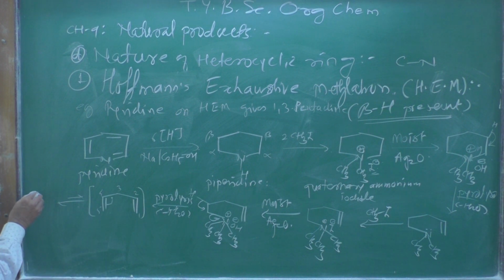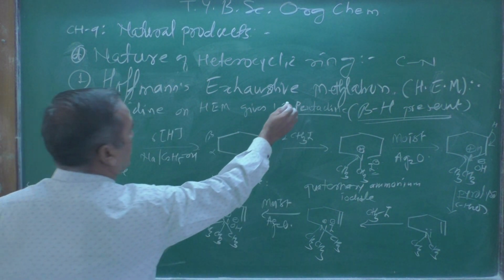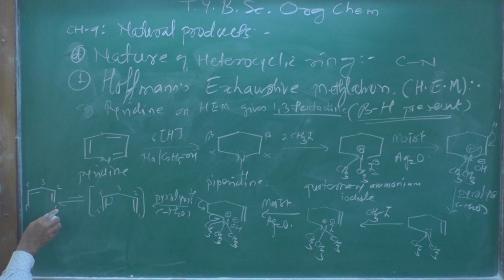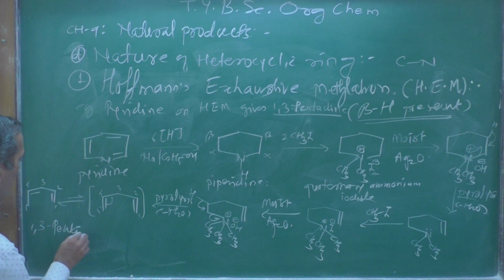That is, conjugation takes place, and now if you give numbers 1, 2, 3, 4 and 5, we get 1,3-pentadiene. There is a double bond at the 1 position and at the 3 position, so 1,3-pentadiene. Pent indicates 5 carbon atoms in the carbon framework, and diene.